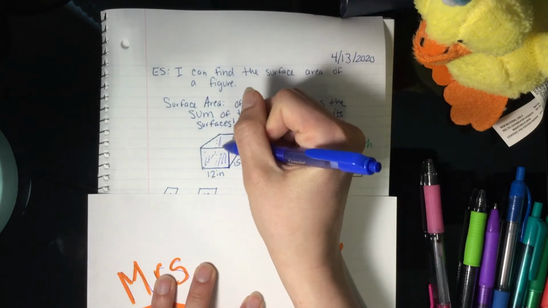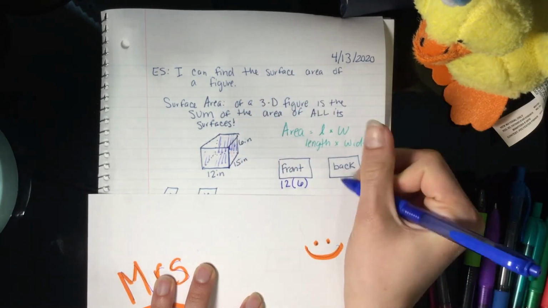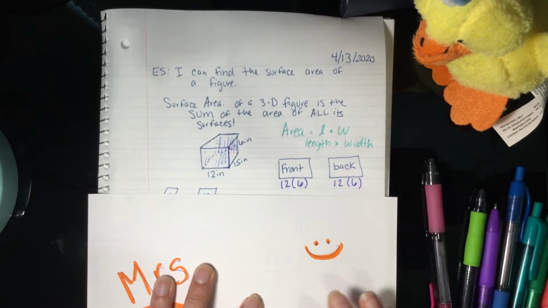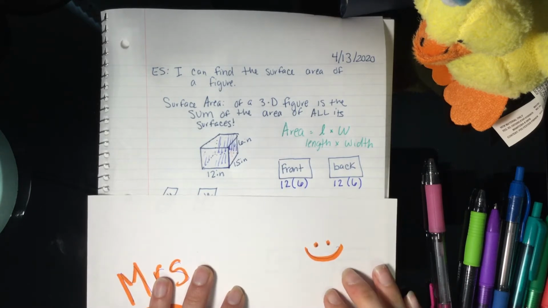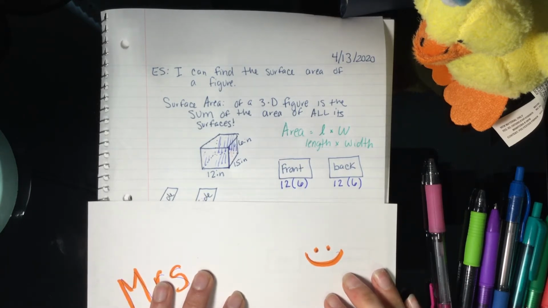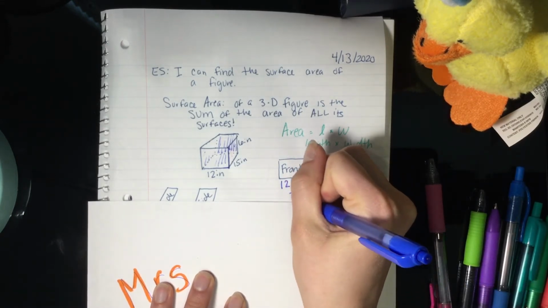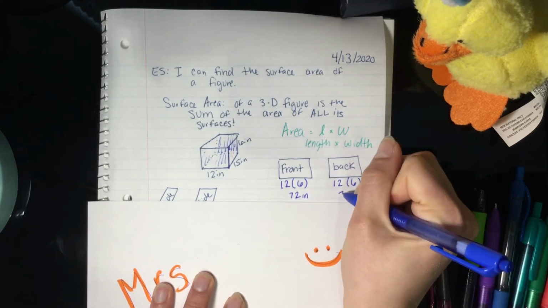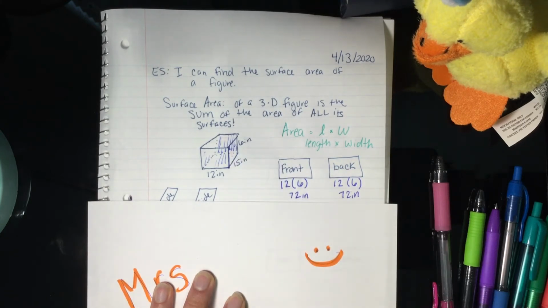So this is my back right here, and that's also 12 times 6. I'm just going to do the math now. 12 times 6 is, anyone? Great, it's 72. So our front is 72 inches and our back is 72 inches. So those are 2 surfaces.